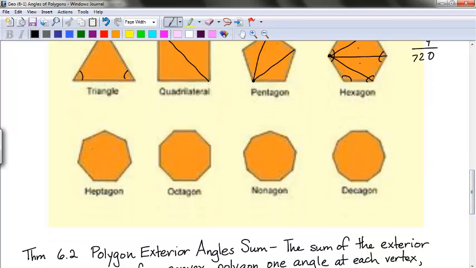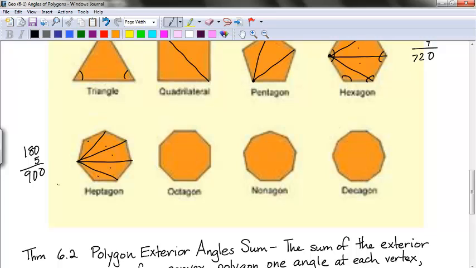For the heptagon, the 7 sides, pick one vertex and figure out how many triangles there are from that vertex. There's 1, 2, 3, 4, 5, and notice that the number of triangles is 2 less than the number of sides, so 5 times 180.